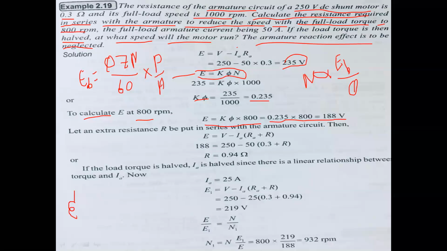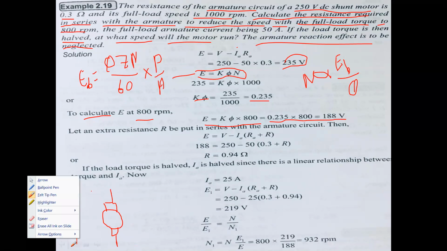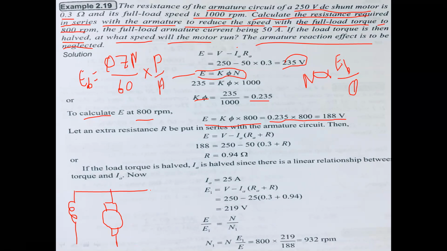This is the shunt motor. If you want to reduce the speed of the shunt motor, a resistance is added in series with the armature.